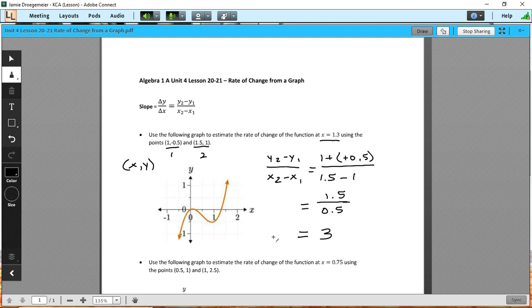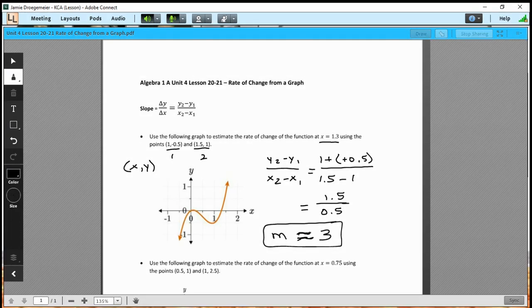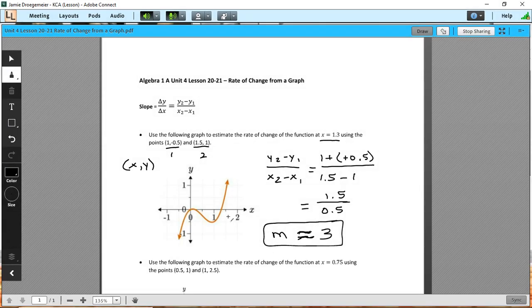And so we would estimate that our slope, and we use m as the variable that represents slope, and I really should use my approximate sign, which is what the squiggly equal sign means, we would say the slope is about 3 when x is 1.3. So we would say right in there, that slope is about 3.